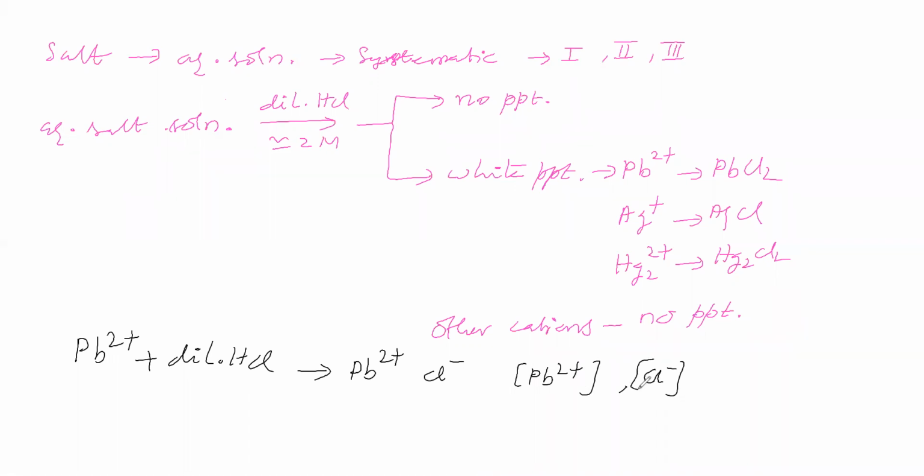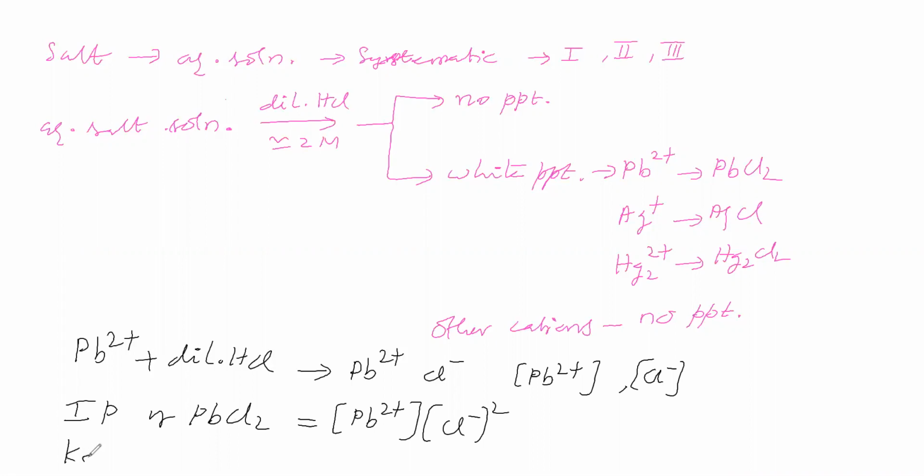Ionic product of PbCl2 is equal to concentration of Pb2+ times concentration of Cl- to the power 2. The power 2 is because of this 2. This is called the ionic product of PbCl2.